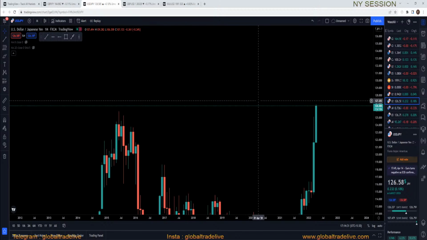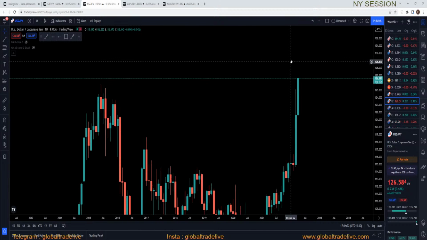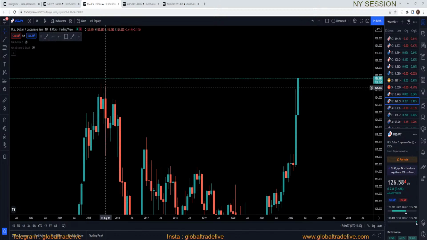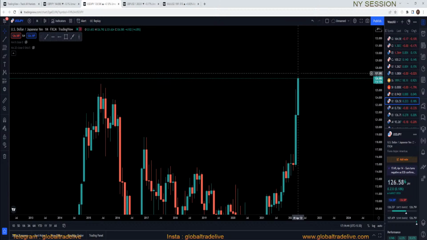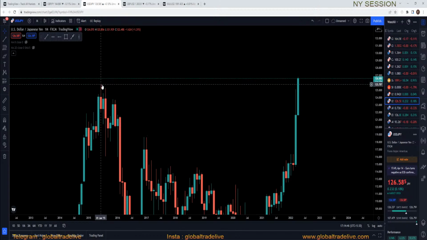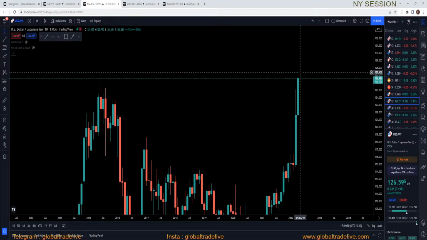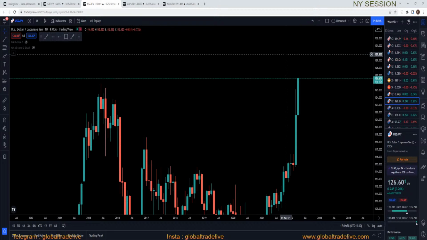And right now, if I were a seller in the market, I would have kept my stops above this wick, right? Now look what happened. In the monthly, the market has gone above this wick as well. That means the market has wiped out all the sellers, if not all, then most of them, definitely.